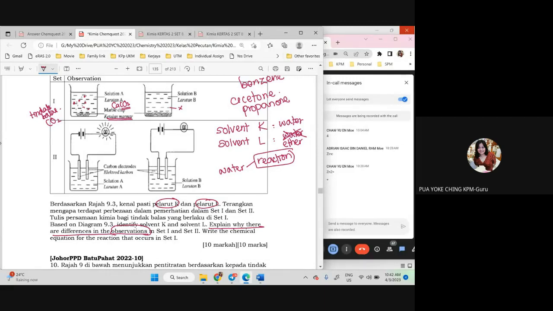Set 2, mentol menyala. Okay, maksudnya dia boleh mengalirkan elektrik. Okay, it can conduct electricity.